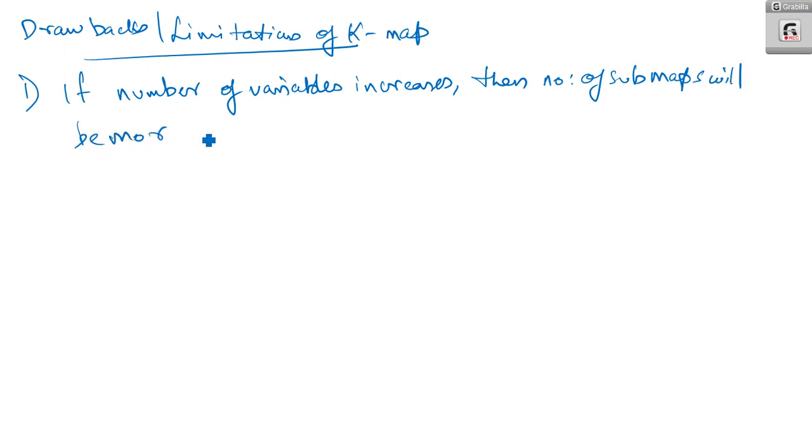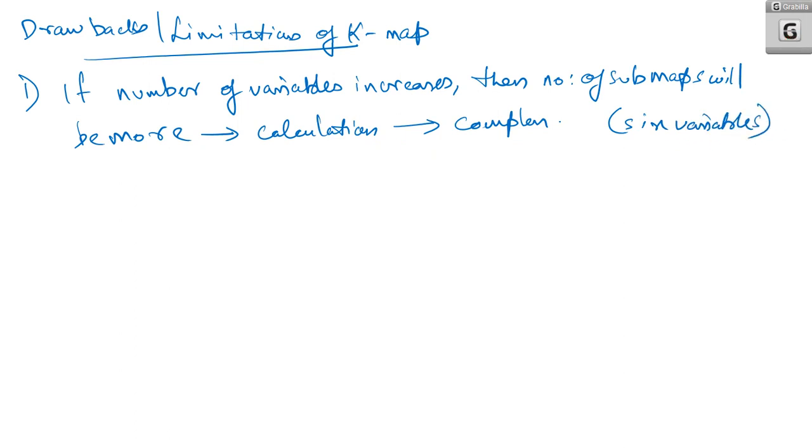Which means that the calculation becomes more complex. Okay. So generally we will be going with K-map up to 6 variables or 7 variables. Whereas for above that, if you are going to reduce using K-map, then the calculations become more tough.